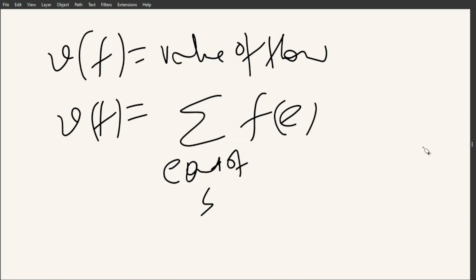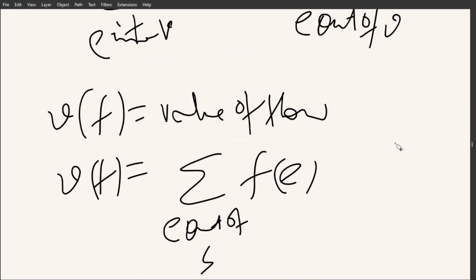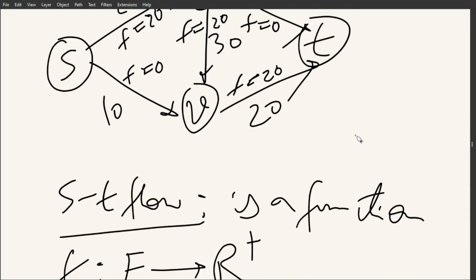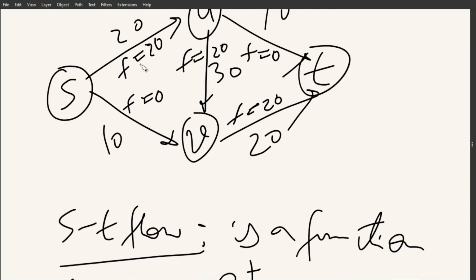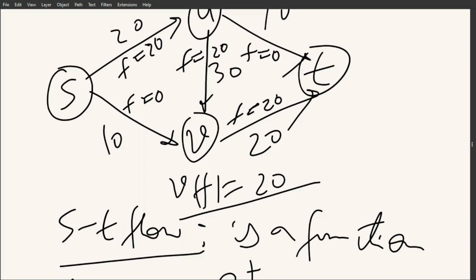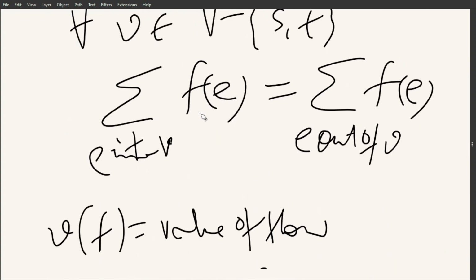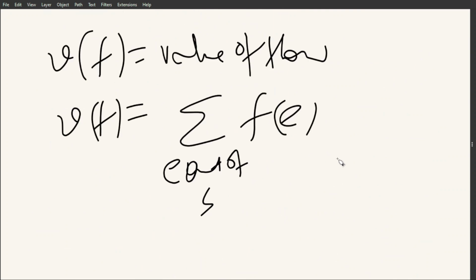So once again we take the same example and compute how much flow is generated by S. Outgoing flows from S are 20 and 0. 20 plus 0 is 20. So for this flow we have Vf equal to 20. Vf is the sum of all Fe, E out of S, outgoing edges.